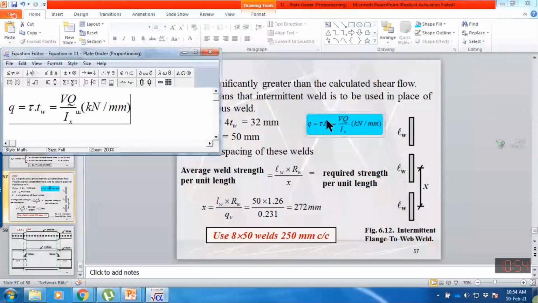So actually our formula is this one. Length of weld is equal to Fu divided by the weld value that we discussed many times in our lab classes.